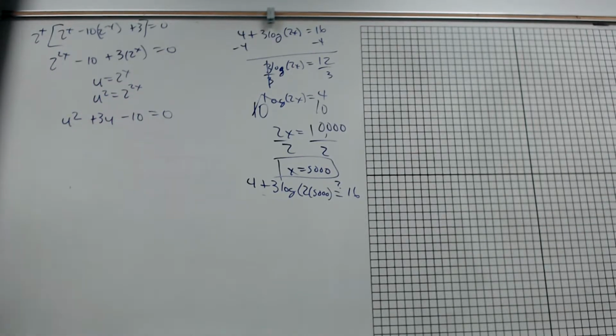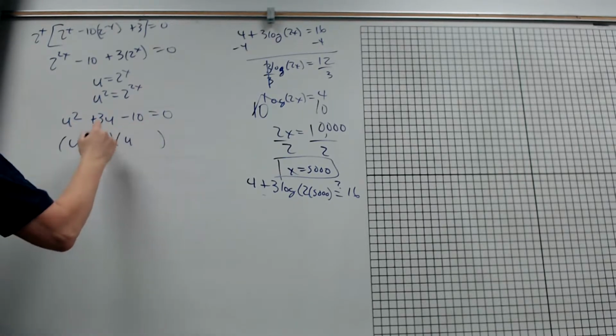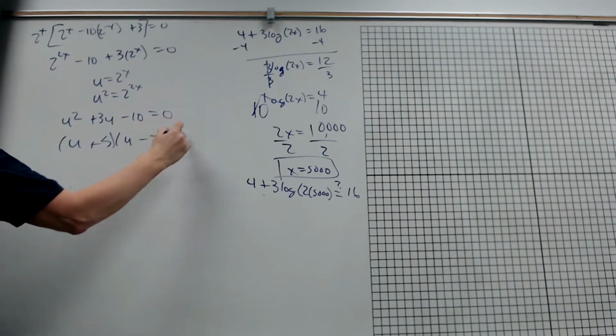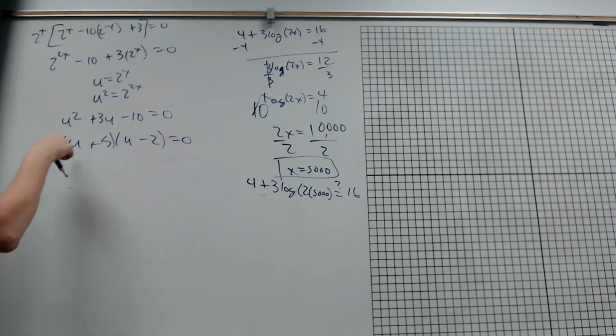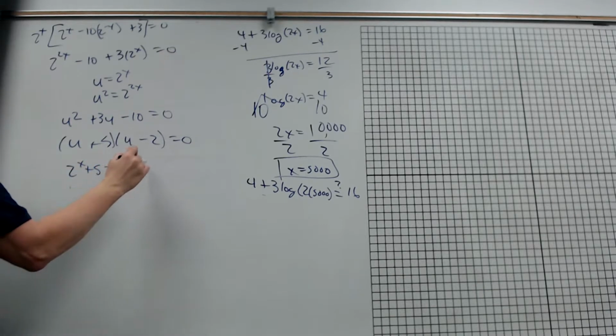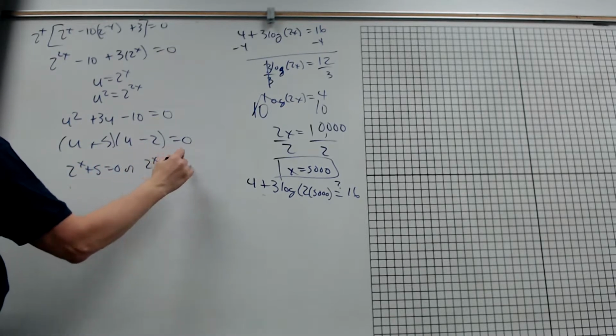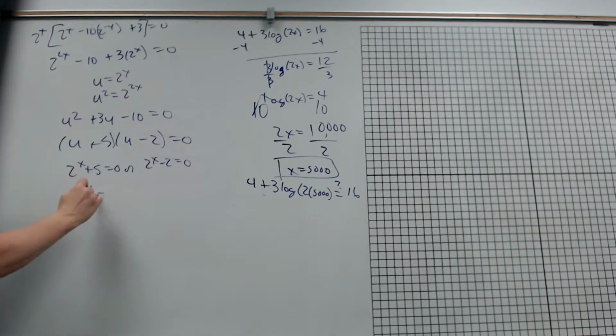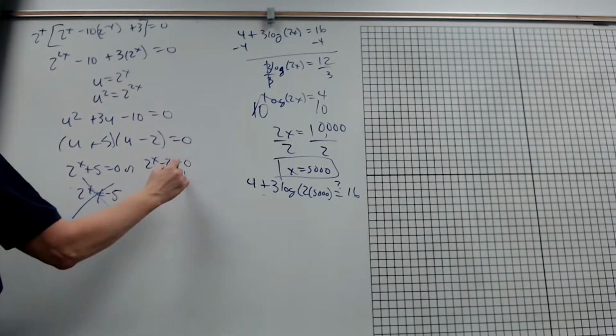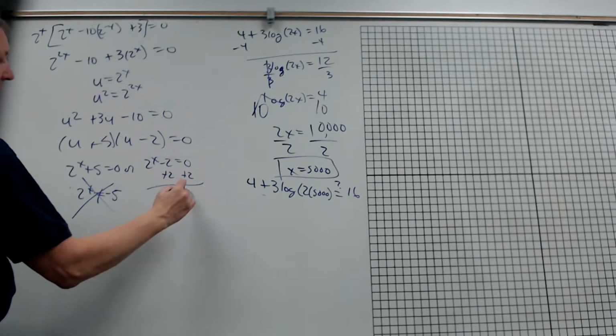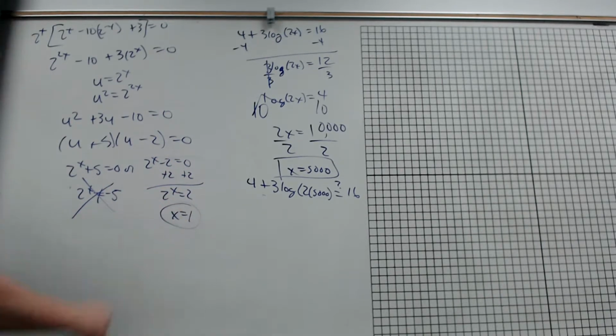So then that factors into u plus 5, u minus 2 equals 0. So then I can substitute back: 2 to the x plus 5 equals 0, or 2 to the x minus 2 equals 0. 2 to the x cannot equal -5, so that's not going to work. I'm going to add 2. 2 to the x equals 2, x equals 1.